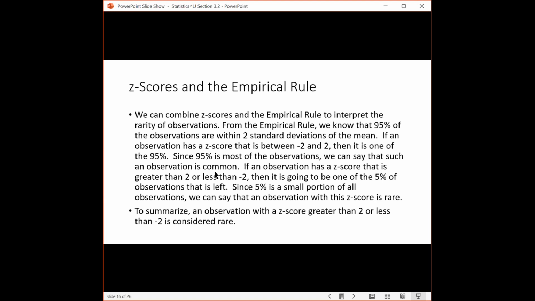Since 5% is a small portion of all the observations, we can say that such an observation would be rare. So, to summarize in a very simple rule: an observation with a z-score greater than 2 or less than -2 is considered rare.